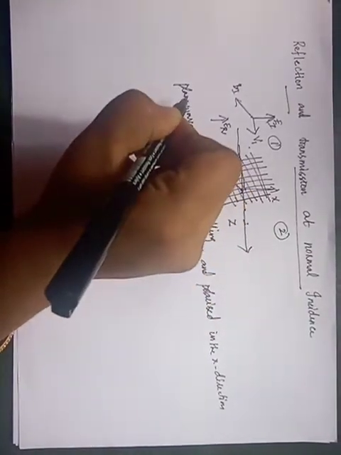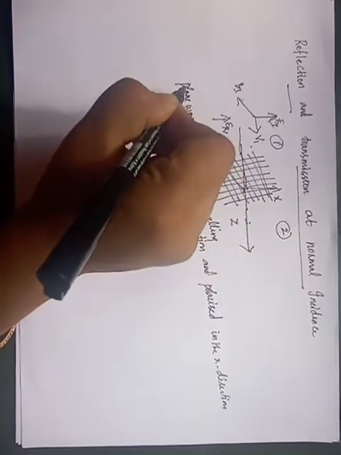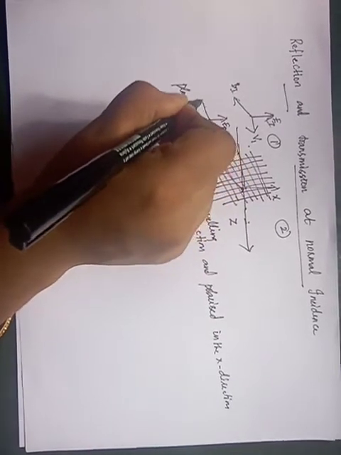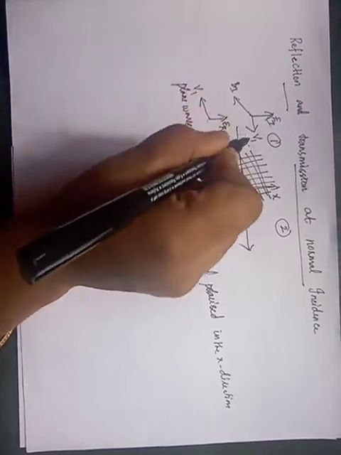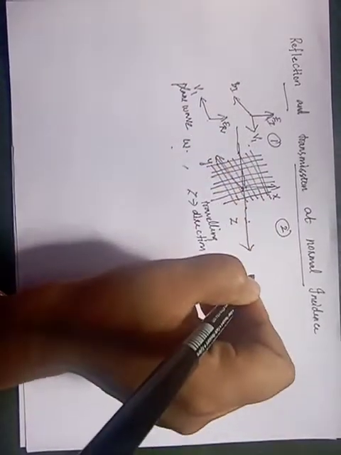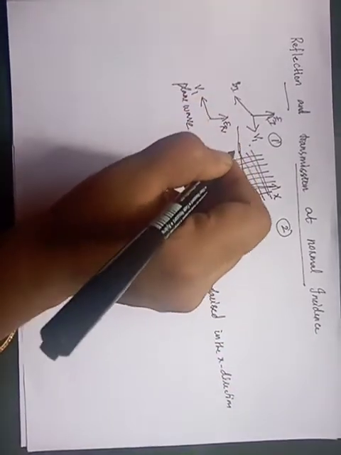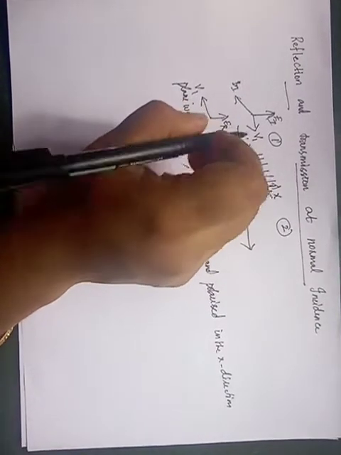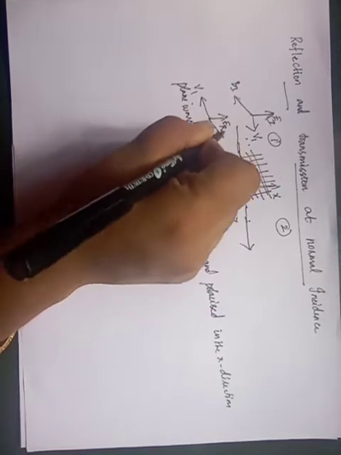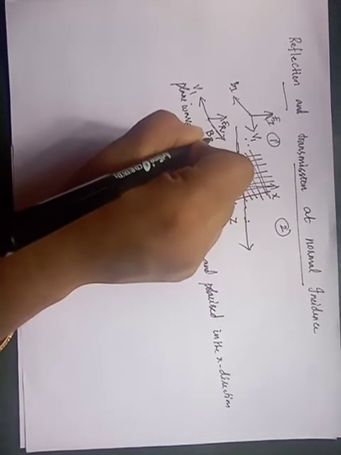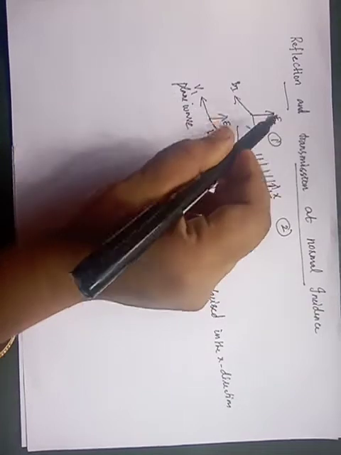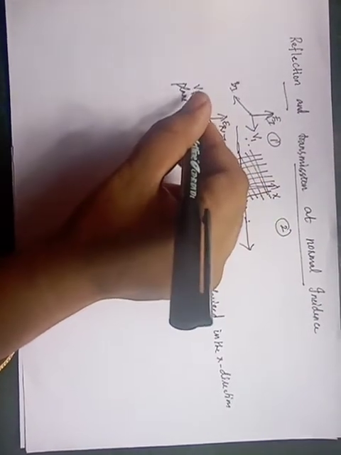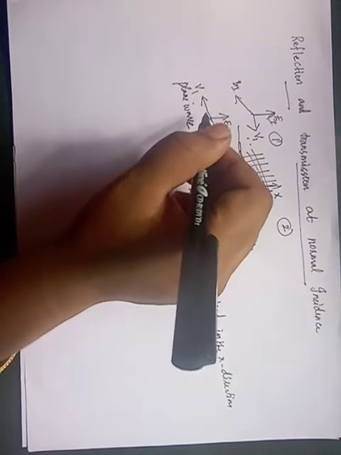So the reflected wave will travel in the opposite direction, with the same velocity V1 but a different direction. The magnetic field is also in the opposite direction. So here we have the incident electric field, incident magnetic field, velocity V1, reflected electric field, reflected magnetic field, and velocity V1 in the opposite direction.